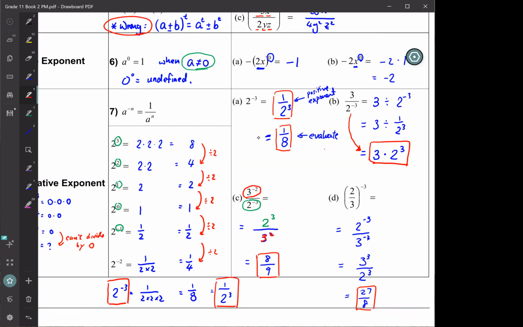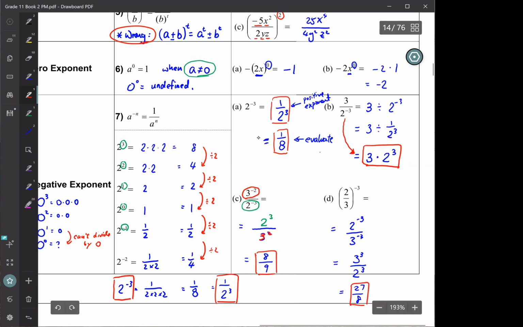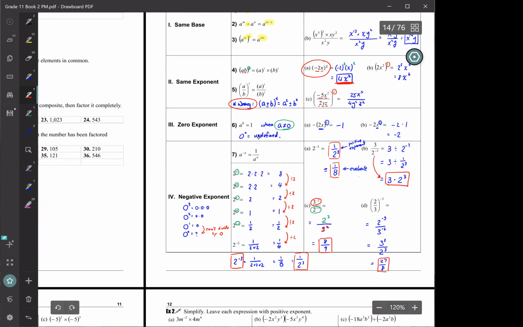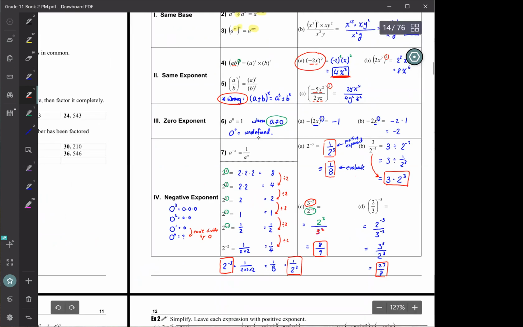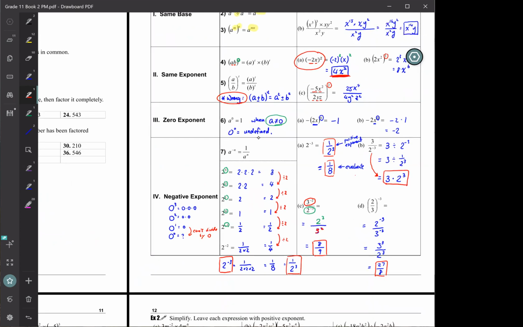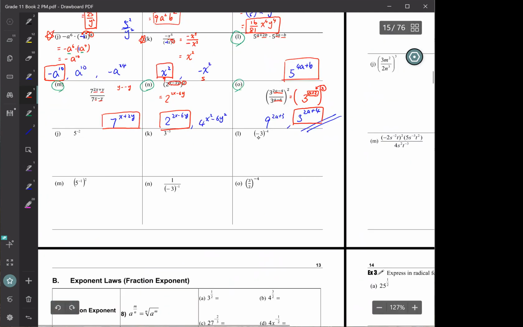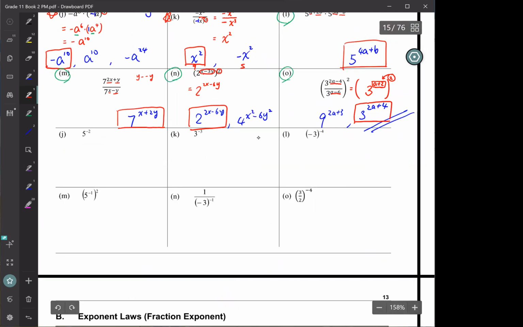So these 4 questions, A, B, C, D, they are like a standard kind of questions. When you get a negative exponent question, it falls into one of these 4, okay? Anyone has question about negative exponent now? If not, we are going to do the bottom 6 questions.